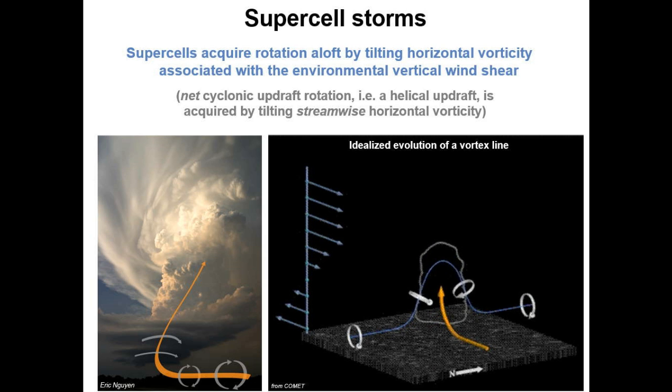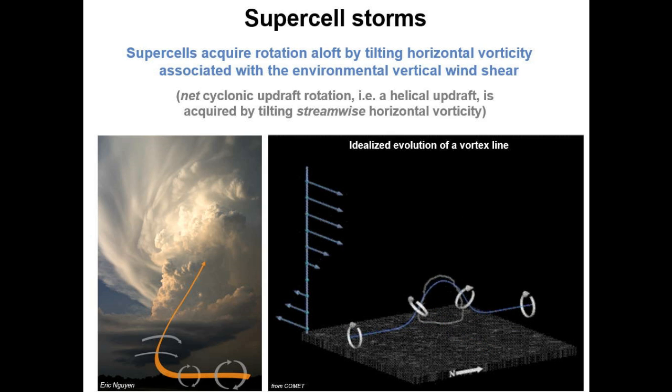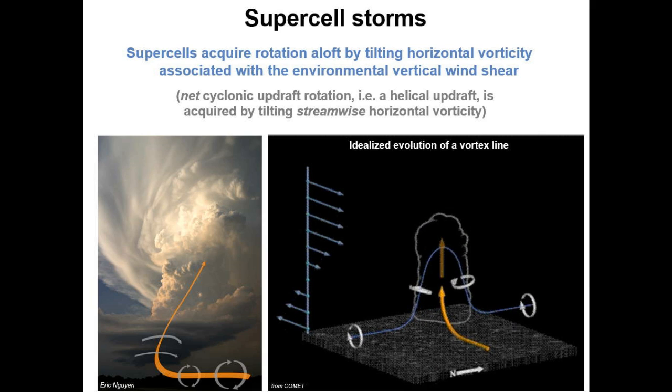We're rearranging this vortex tube, which is an illustration of the horizontal vorticity, but it's only on the edges of the updraft. So we're creating cyclonic and anticyclonic rotation, cyclonic in this case on the south side of this new updraft and anticyclonic on the north side, but it's not co-located with the updraft itself. Do we have a supercell thunderstorm at this point?